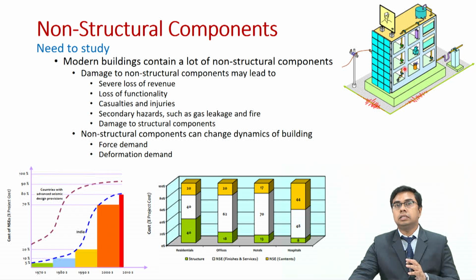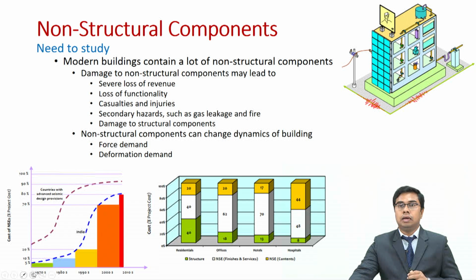Modern buildings contain a lot of non-structural components, accounting for more than 90% in case of hospitals, over 80% in case of offices and hotels, and roughly 60% in case of residential buildings, which is still very high.